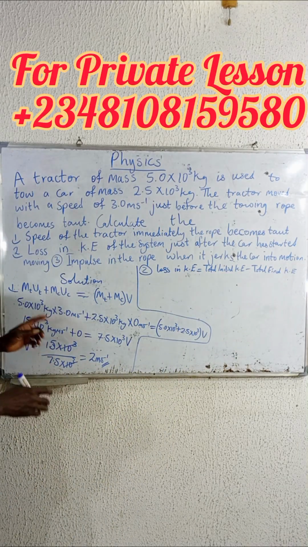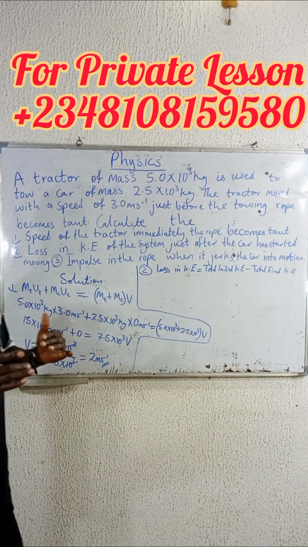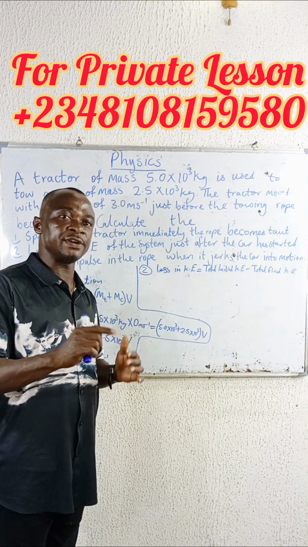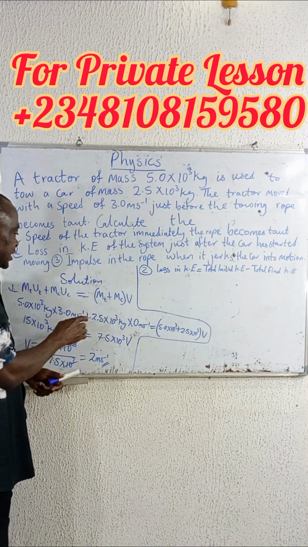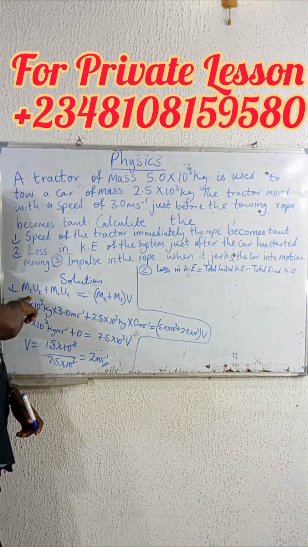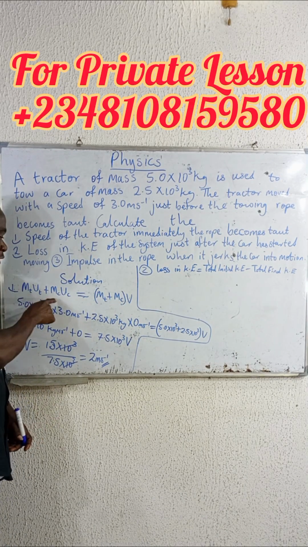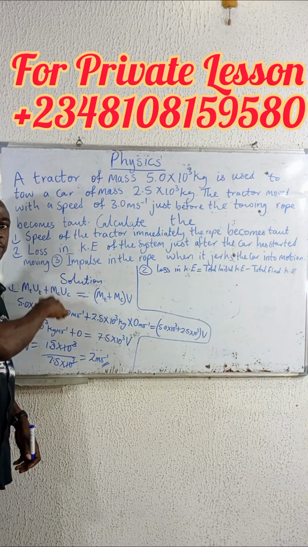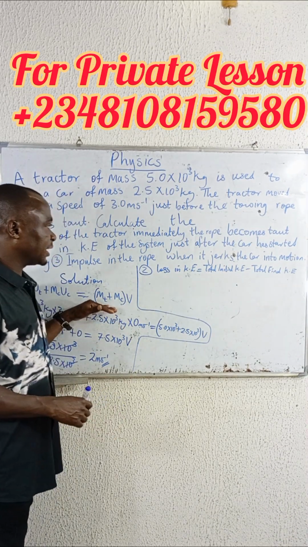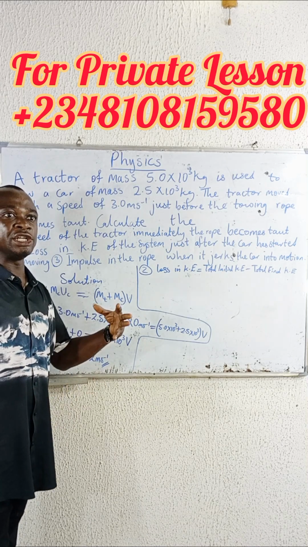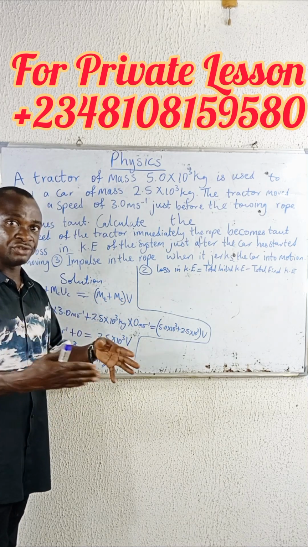Now, the formula for finding kinetic energy is half mv squared. So the total initial kinetic energy is going to be the kinetic energy of the tractor plus the kinetic energy of the car. Then the final kinetic energy is the kinetic energy of the tractor and car moving together.